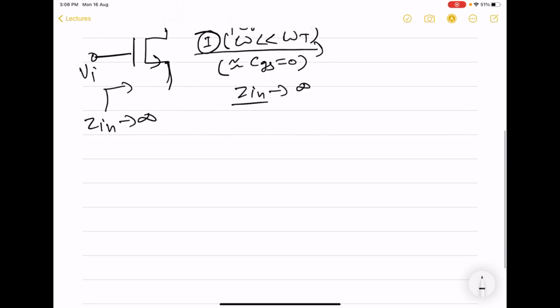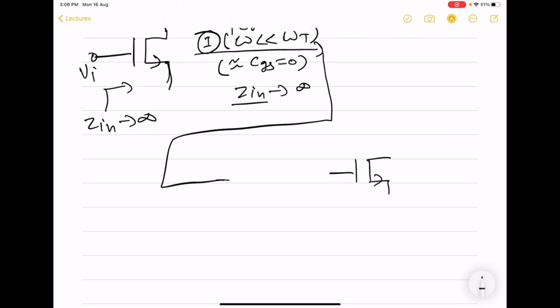So the first way of achieving real Z in would be that we simply terminate this gate with a resistor R1. So now here, this is the input port. So if you look in this scenario, then Z in will appear to be real.